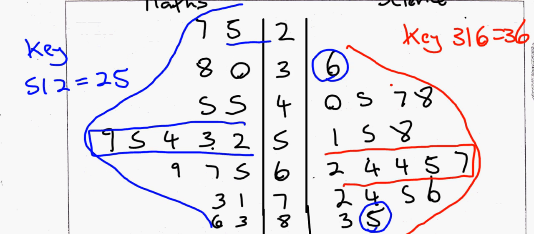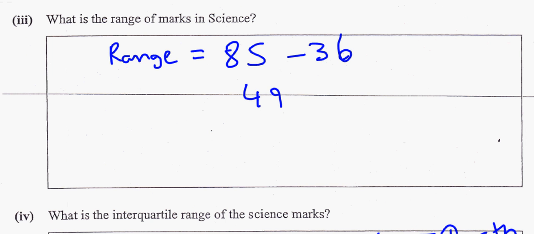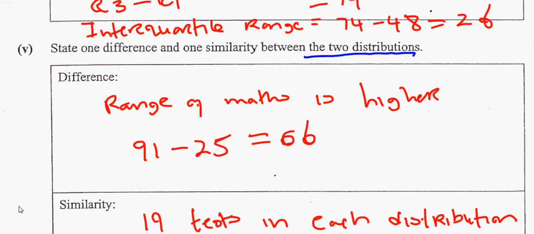The maths is more skewed, has a big mode in the middle, so it's very hard to make a comment about the actual overall shape, so I'd stay away from that in the exam. Okay, next question.